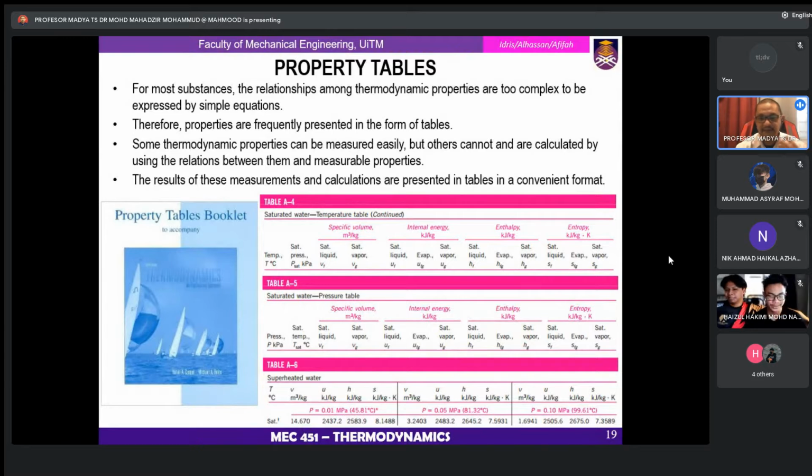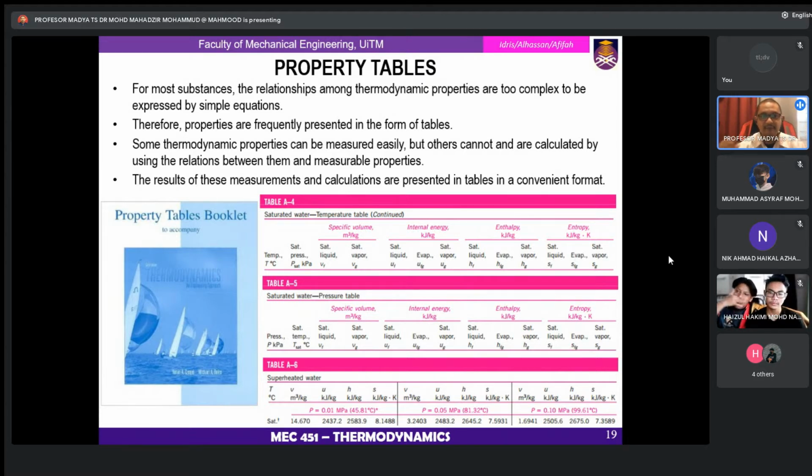Okay, that means kita tak tengok yang banyak-banyak tu dalam bentuk eksperimen. So now these properties have been experimented by researchers or experts, and then they form the tables.